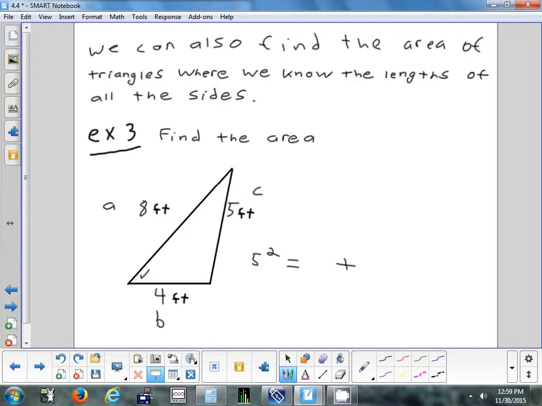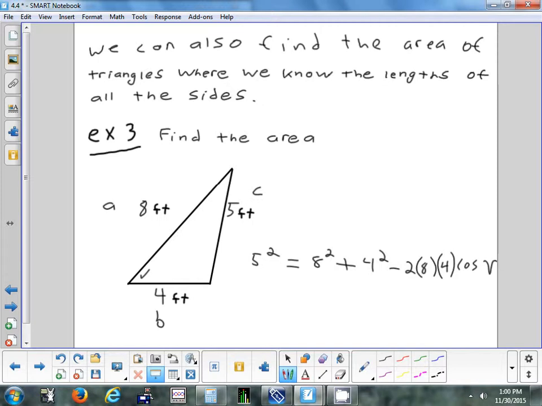Yeah? 8 squared, 4 squared, minus, then it's 2 times what times what? 2 times 8 times 4 times cosine of that angle, okay, whatever we want to call it. Since it's across from C, let's call it gamma. Okay, so now let's go through and see what we get.